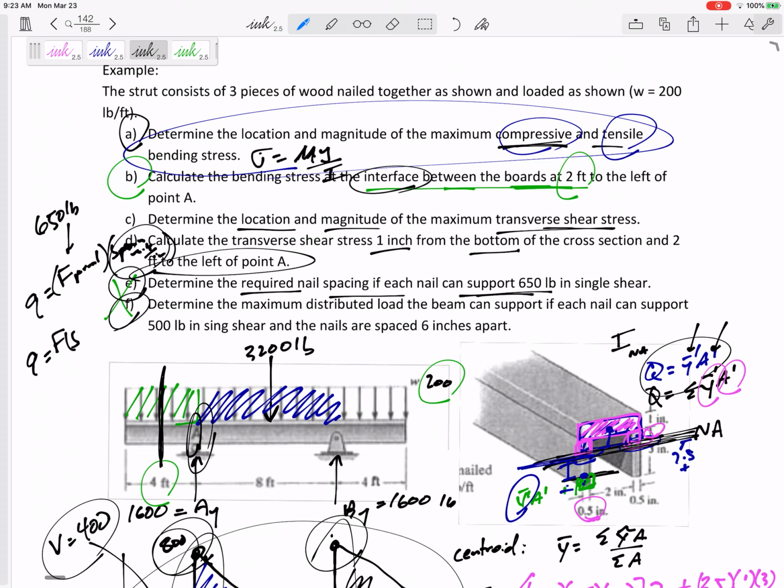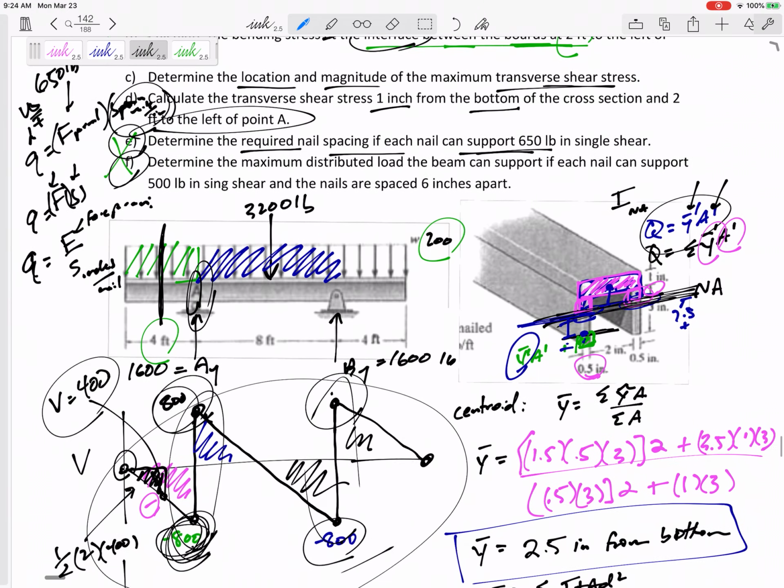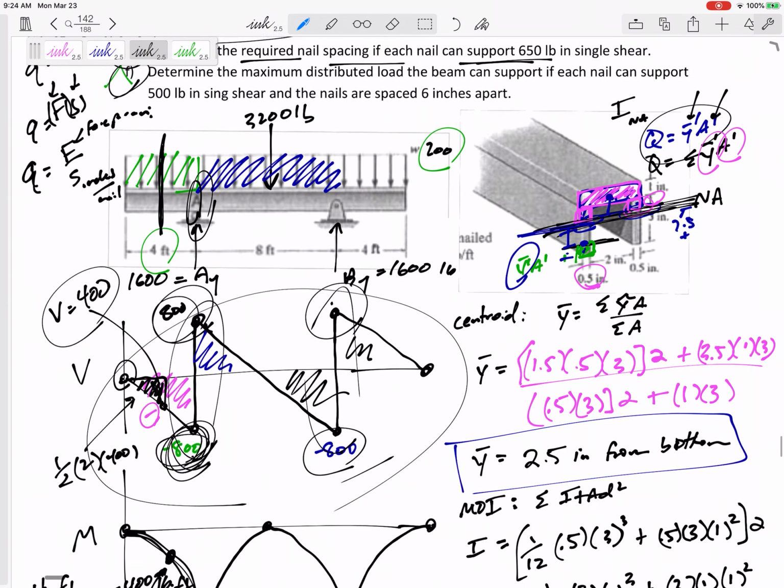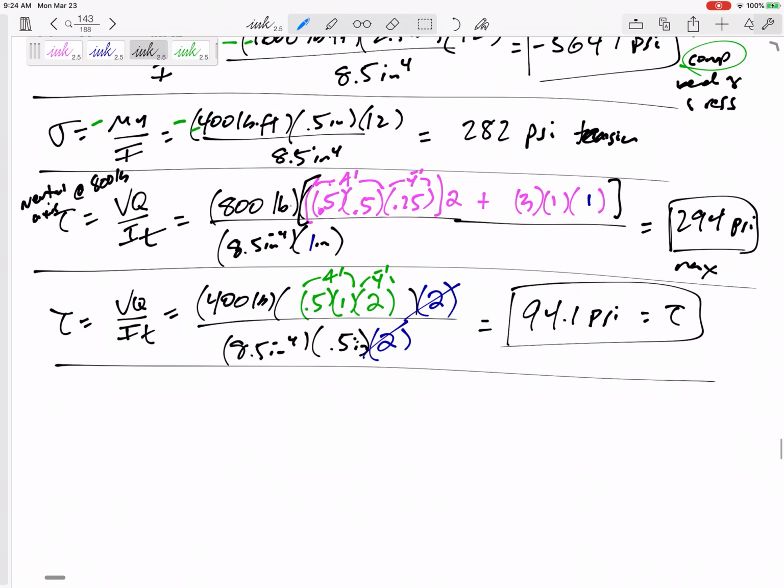Q is F times S if we do force per nail and nails per inch, but Q is F over S if we do force per nail and inches per nail. That's another way of thinking about this and doing this. Shear flow, lowercase q, shear flow. What is shear flow? Shear flow is VQ over I.